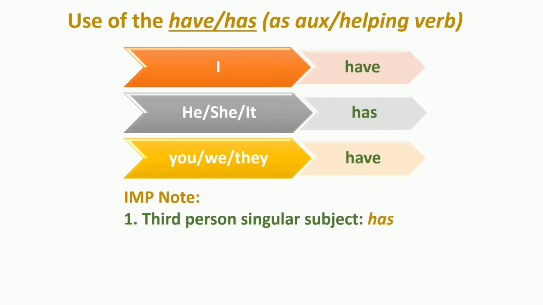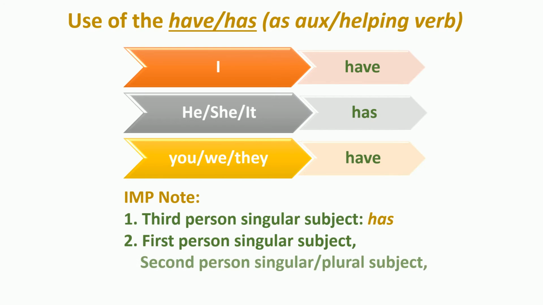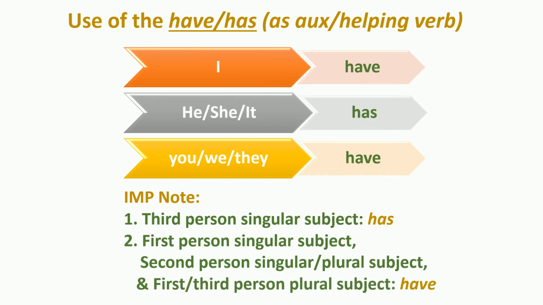Or with equivalent nouns, also we use has. For example, Rajesh has, Rahul has, Suraj has, Smita has, etc. With first person singular subject, with second person singular and plural subject, and with first and third person plural subject, we use have. For example, I have, you have, we have, they have.